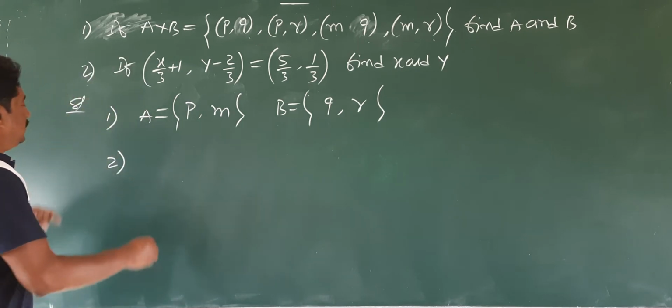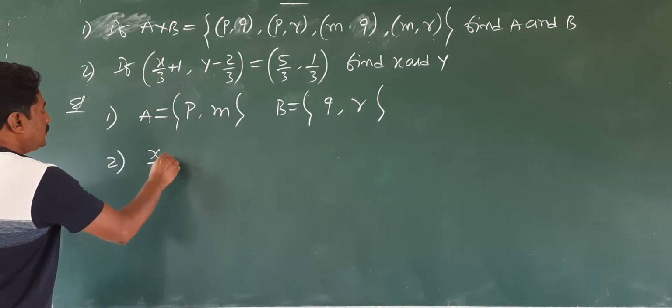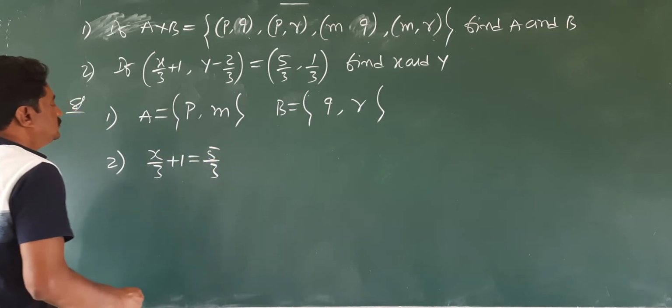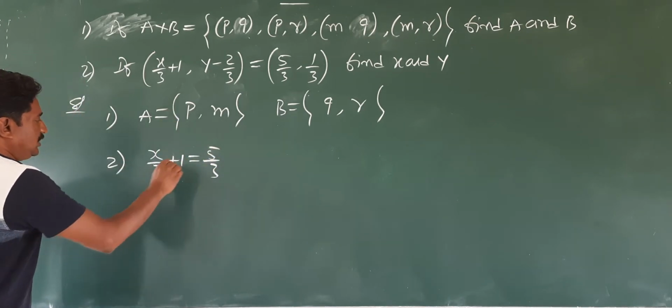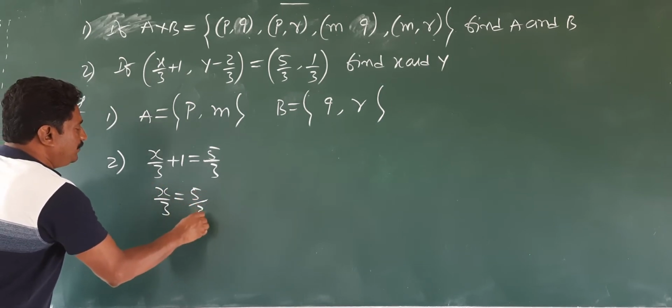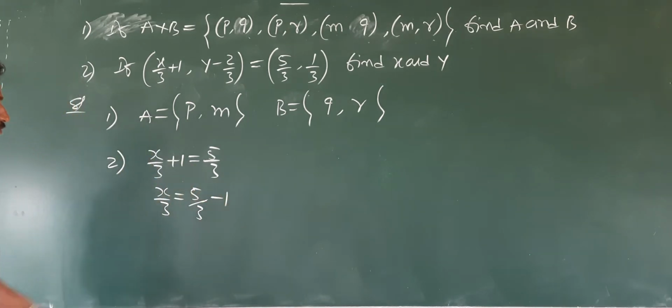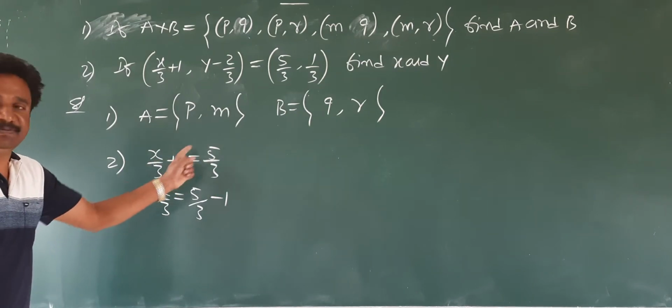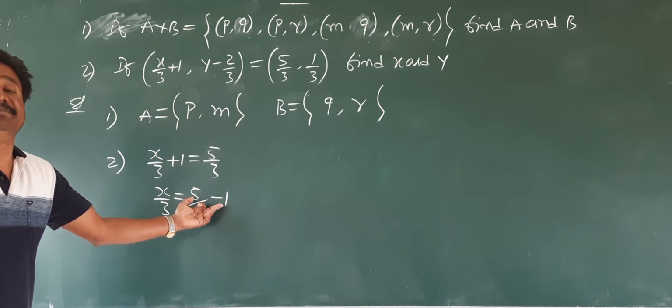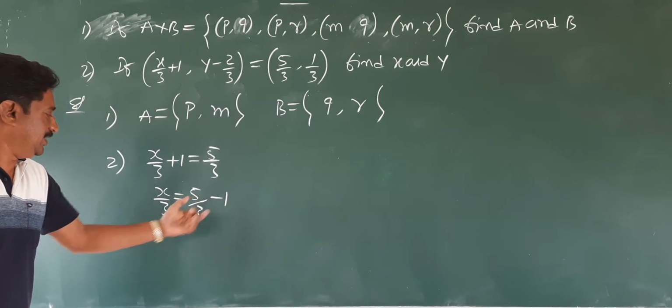So now x by 3 plus 1 is equal to 5 by 3. So solve this. Send plus 1 to the right side. x by 3 equals 5 by 3 minus 1. Simplify this by using LCM. Find LCM.